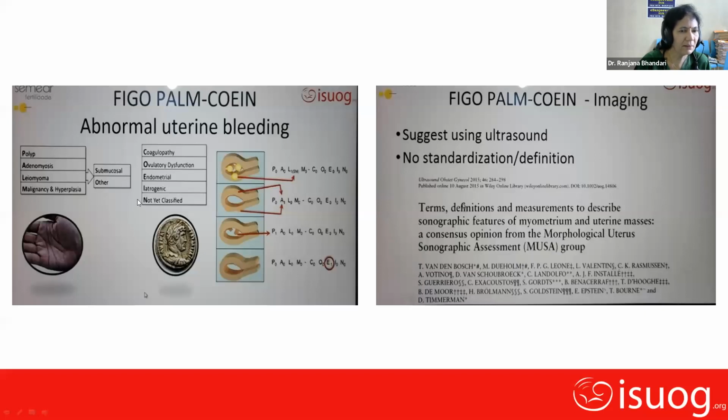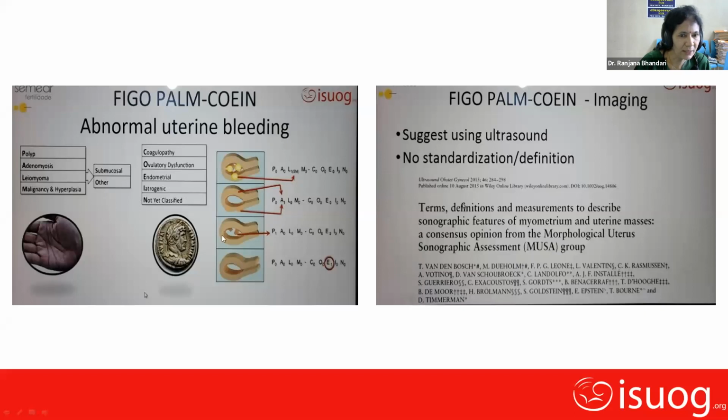And then some are not yet classified. And then we have to write it down like this. If there are leiomyomas, fibroids, then below L you have to write whether it is submucosal or subserosal or intramural, and all others will be 0. If there is a case of adenomyosis, then we will write A1 and all others will be 0.